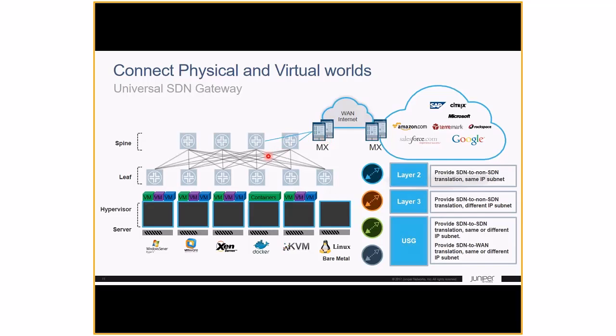So if we need to get to the outside world, we're going to have our MX routers that communicate with each other across a wide area network or the internet and seamlessly connect you into any of the cloud providers. If the traffic is going to the internet, then we are simply an SDN gateway router on behalf of all the virtual environment, just to be the translation to get out to the world.